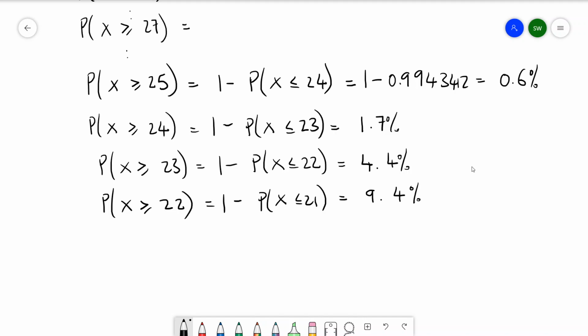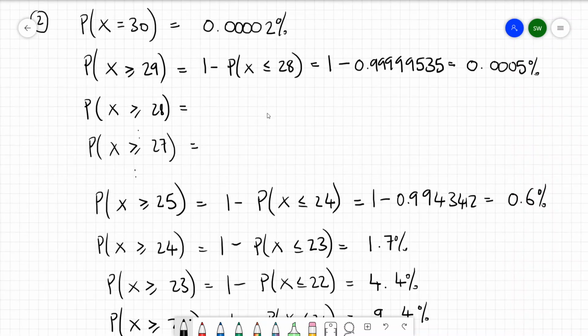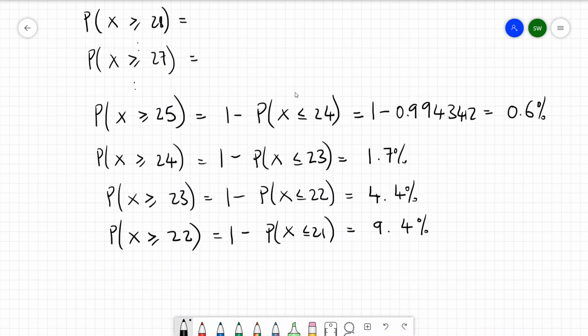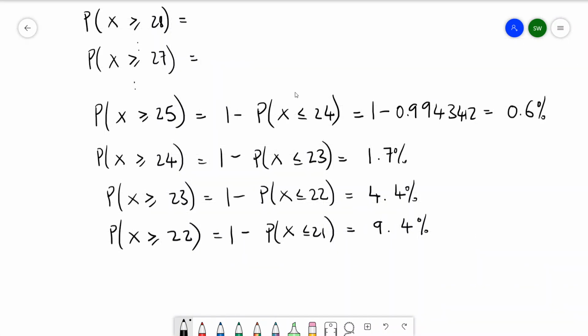It's 9.4%. So remember, what we're looking for is, as we work our way away from 30, so we've gone 29, 28, 27, 26, etc., we're looking for the probability which is as close to 5% as possible, but not more than 5%. So that's this probability here.